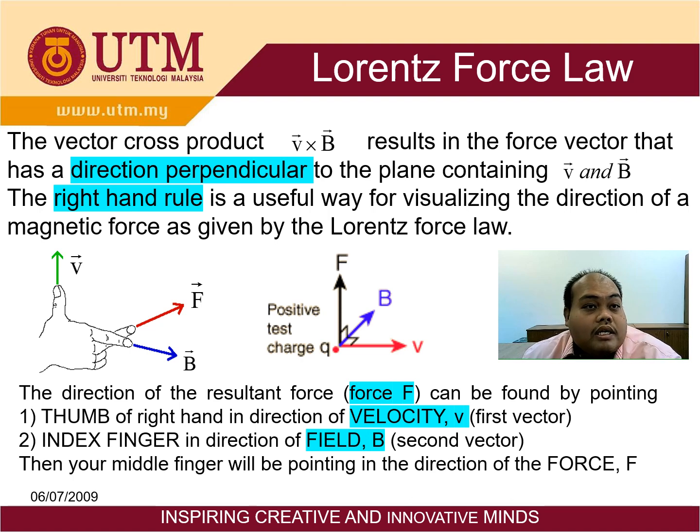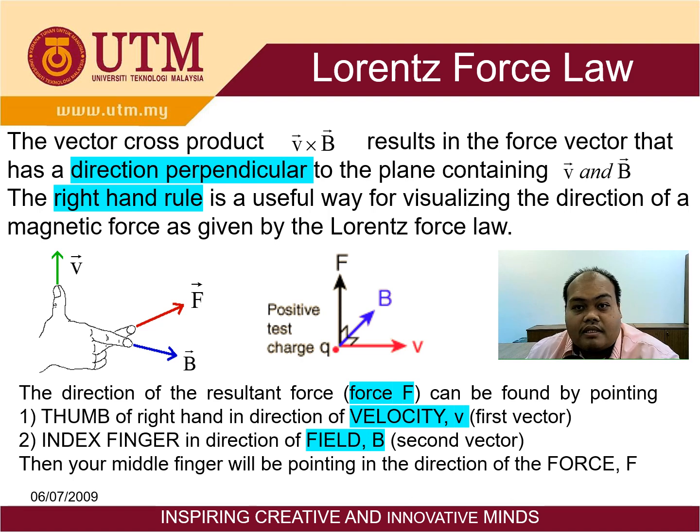And how to know the direction? You use the right hand rule. You use your right hand. The thumb represents the velocity. The index finger represents the magnetic field.